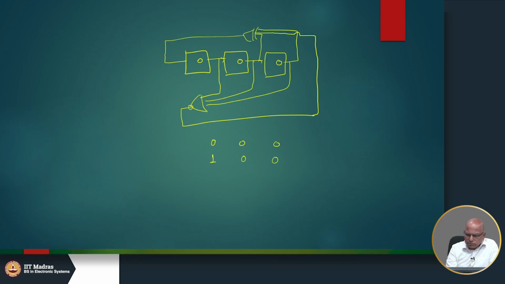Once these inputs have become anything other than 0, the NOR gate will produce a 0. Okay. 0 XORed with 0 is 0, 1 0 1, 1 1 0, 1 1 1, 0 1 1, then 0 0 1.